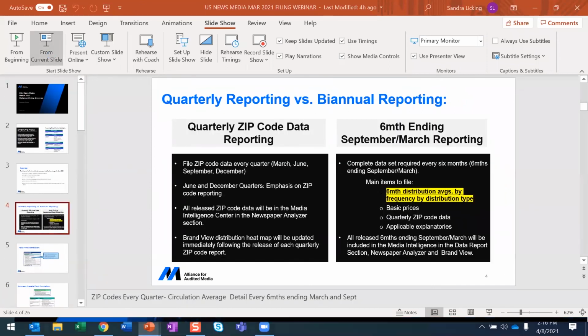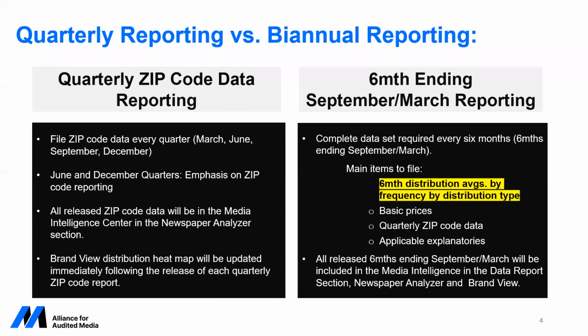It actually pertains to what you report. So as we stated, every quarter you report a zip code. And the question came up, well, for March, I already filed, I have a December zip code. What do I file for March? March, you're going to file the quarter zip code for March.